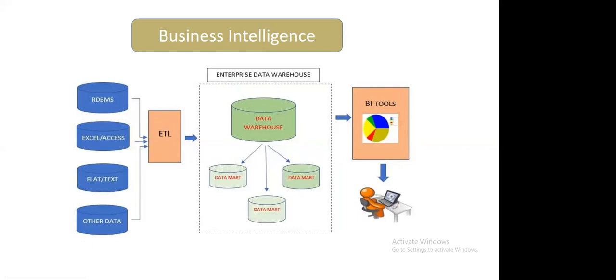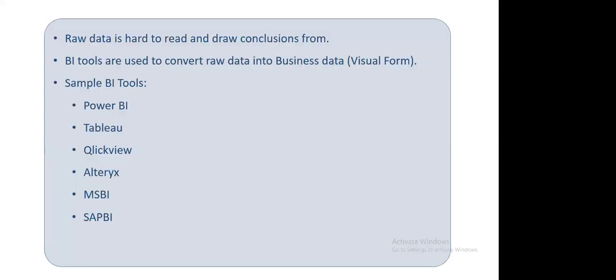So this was the high level architecture of business intelligence in industries. And these are the various BI tools widely used in the market: Power BI, Tableau, QlikView, Alteryx, MSBI, SAP BI, Qlik Sense, and many others like Grafana. All these tools do the same thing.